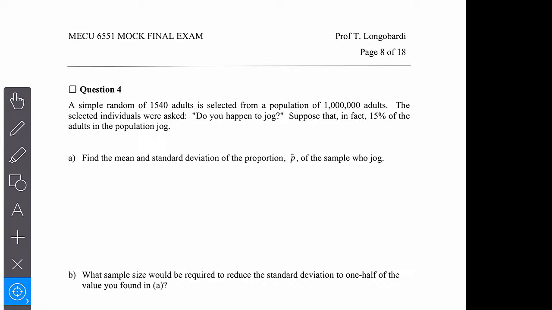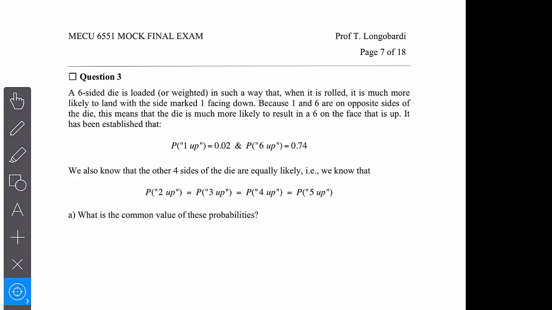Okay, so let's do that then. Let's solve from 5 and 6. So let's try these problems here, the longer ones.